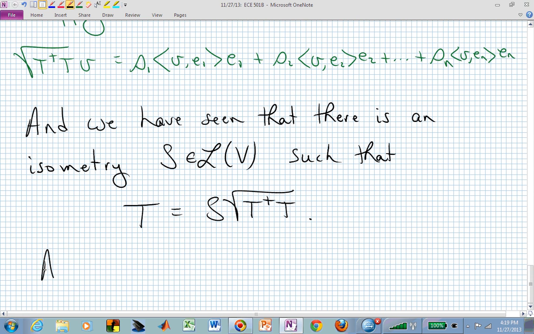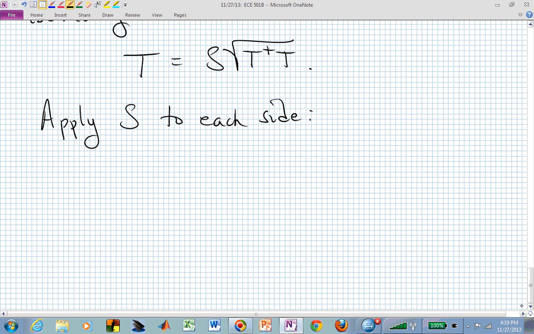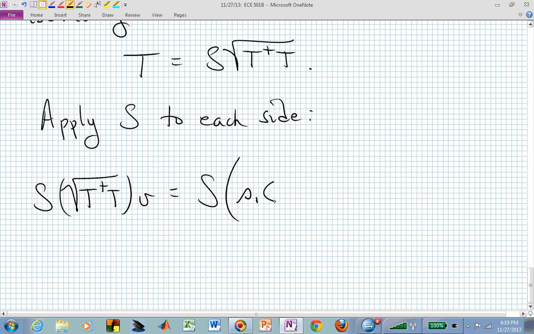Knowing that, now let's apply S to both sides of that last equality. So apply S to each side. And now we have on the left S times this positive square root of T dagger T v equaling S times s1 <v, e1> e1 plus sn <v, en> en.